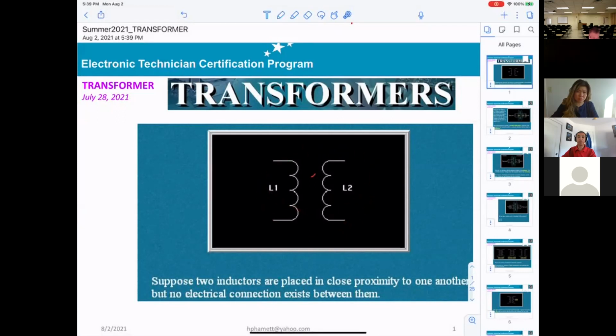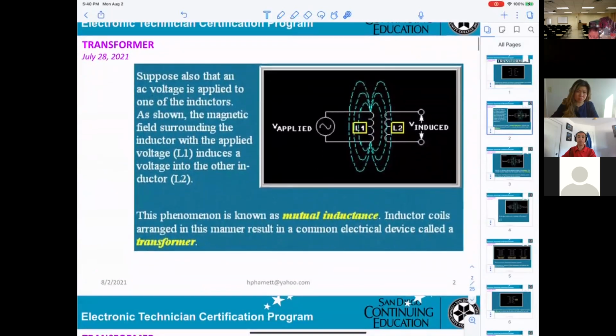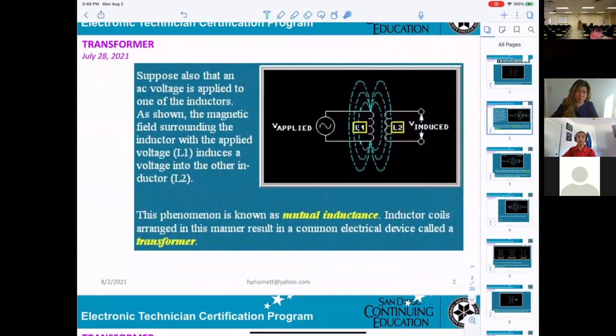Suppose two inductors are placed in close proximity to one another, but with no electrical connection. Suppose also that an AC voltage is applied to one of the inductors.